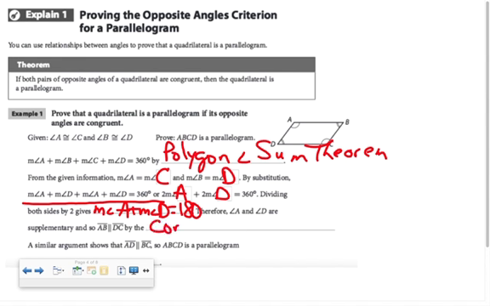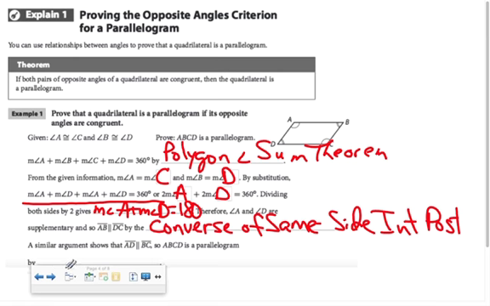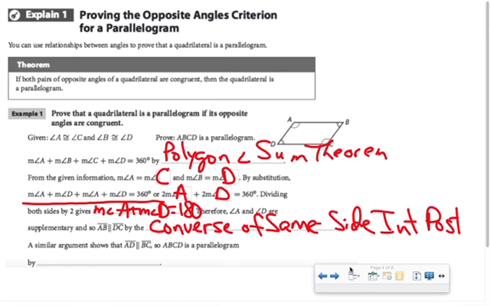This is the converse of the same side interior postulate. And since a similar argument would show that AD is parallel to BC, once again, ABCD is a parallelogram by the definition of parallelogram.